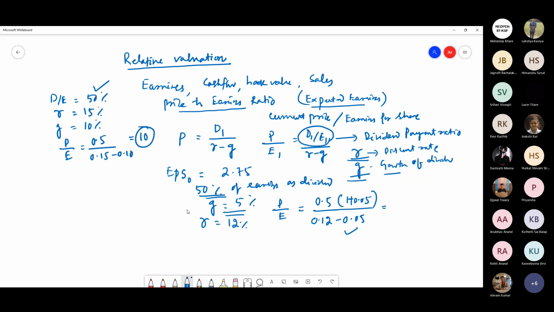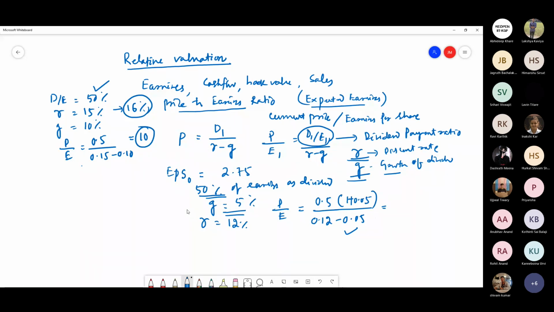Now let's say your R becomes 16%. Then what happens to the price earning ratio?